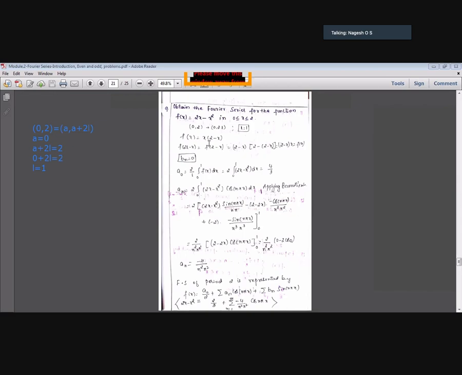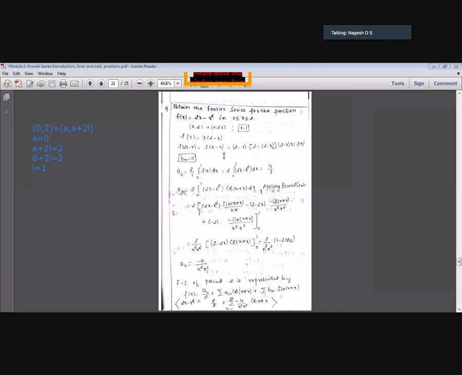Next, what is f of x? F of x is x into 2 minus x, or 2x minus x square. Both are the same. So how to check whether it is even or odd? Take f of 2L minus x, which means f of 2 minus x.